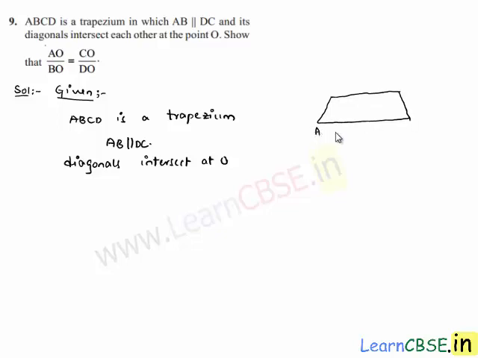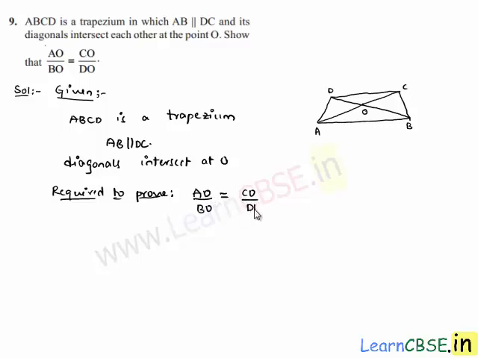That is trapezium ABCD in which AB is parallel to CD and AC and BD are our diagonals which intersect at O. Now we are required to prove that AO by BO is equal to CO by DO.